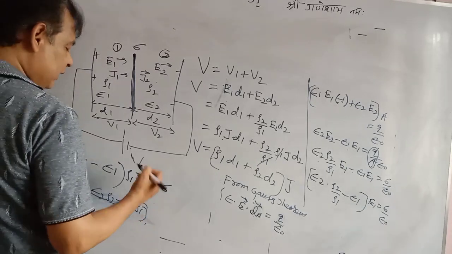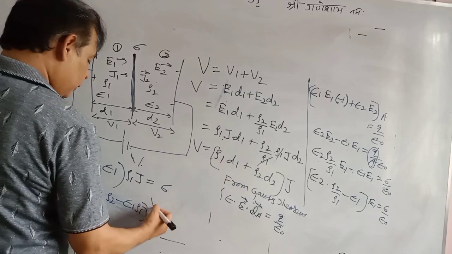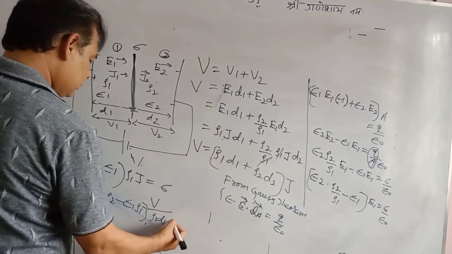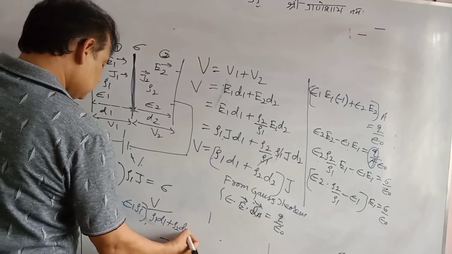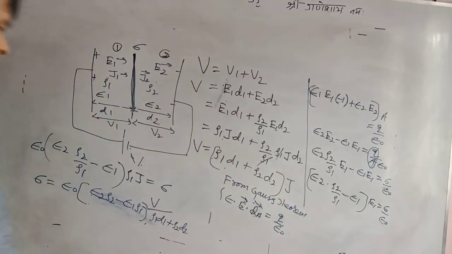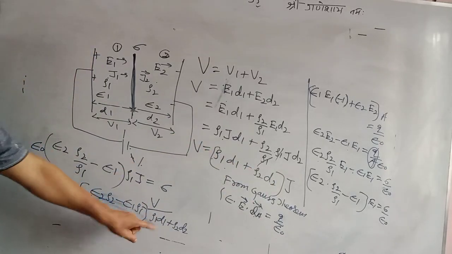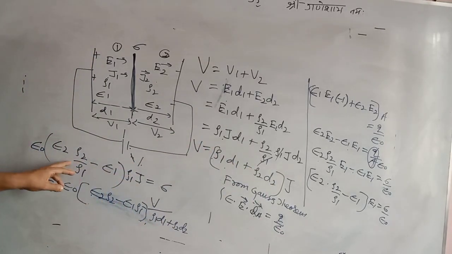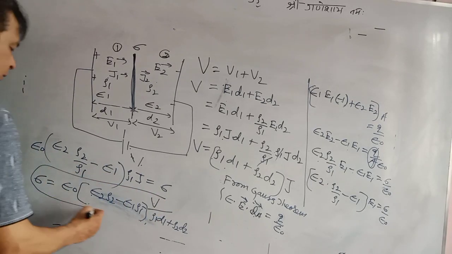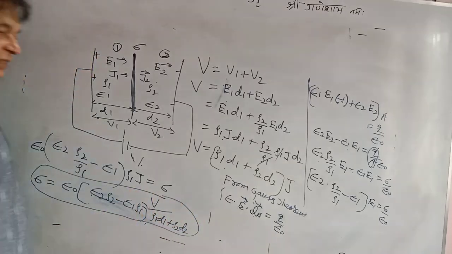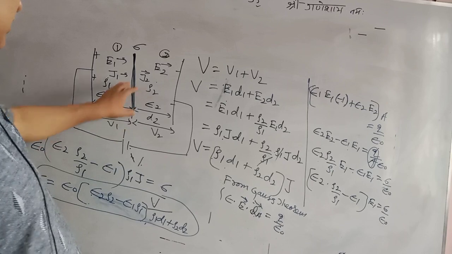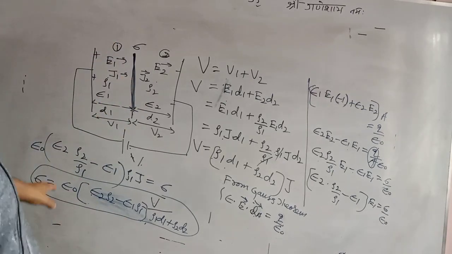For j we can write down potential V upon rho 1 d1 plus rho 2 d2. We have just substituted this value of j here. Rho 1 is multiplied into this one, and we have got this surface charge density of extraneous charge at this boundary. That's our required answer.